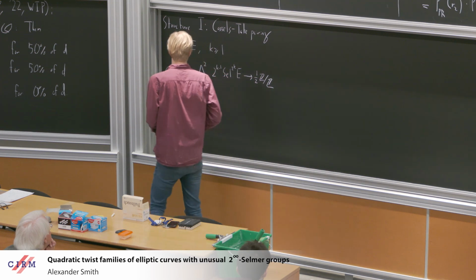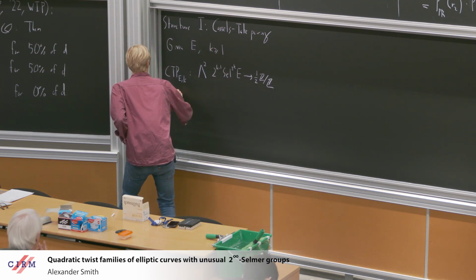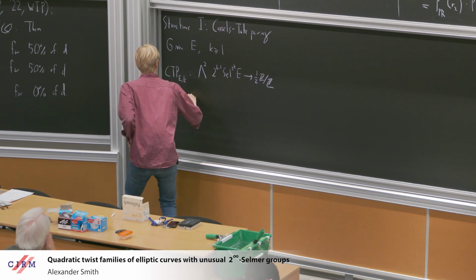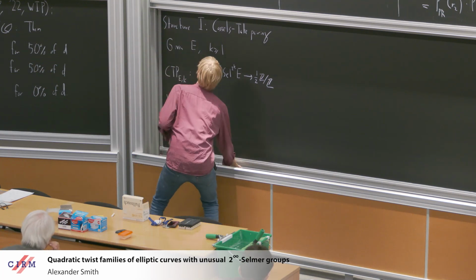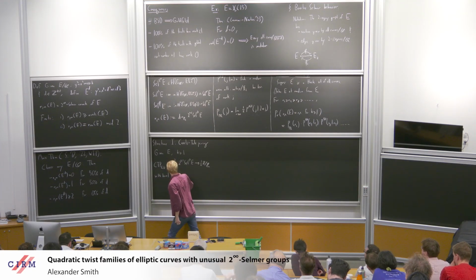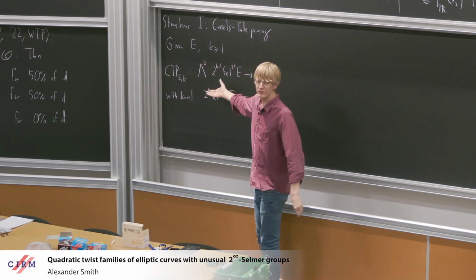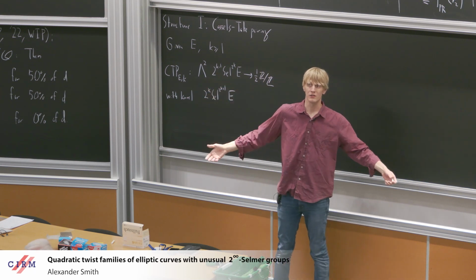And its really important property is that its kernel is the 2^k Selmer group multiplied by 2^(k+1). So the kernel of this pairing has dimension equal to R_{2^(k+1)}.